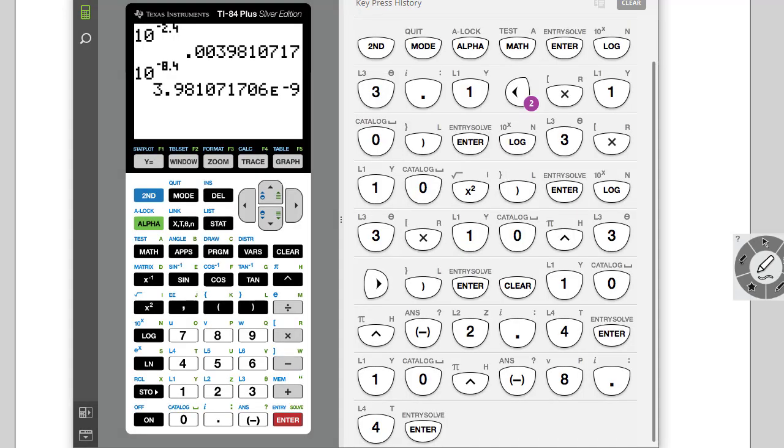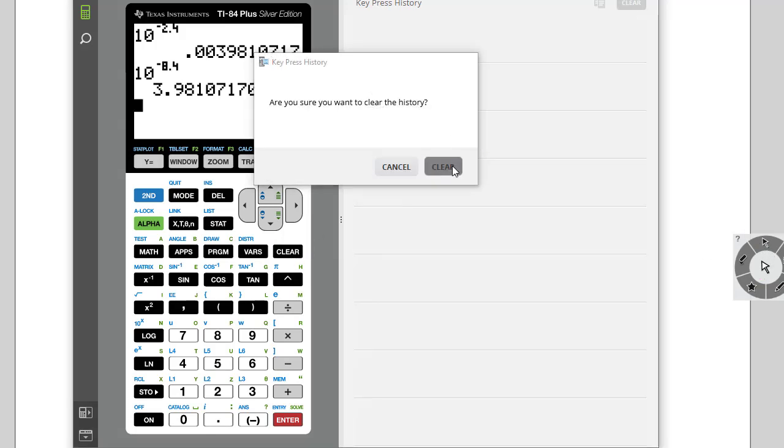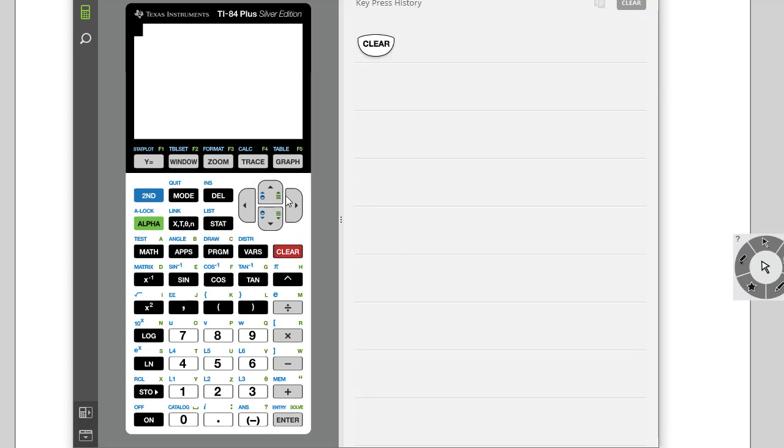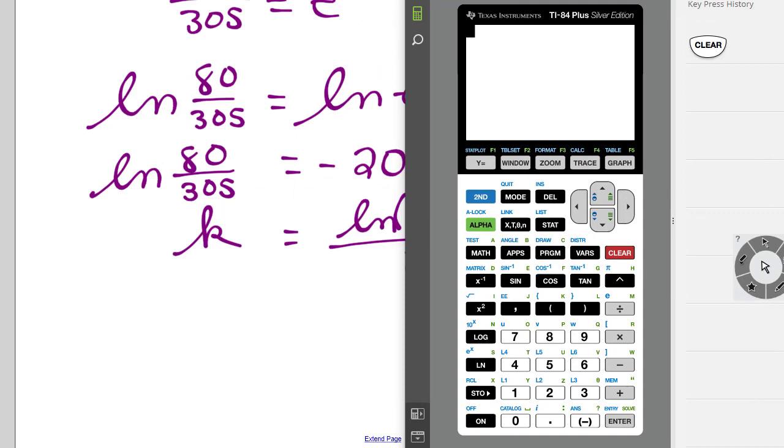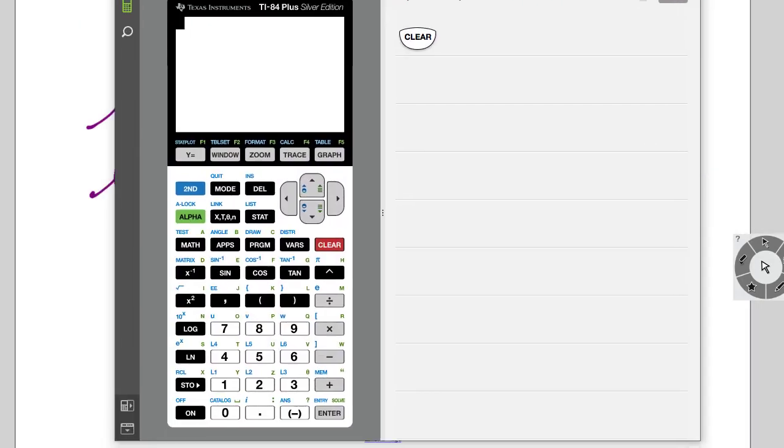Okay, on my calculator, I'm going to do the natural log of 80 over 305.